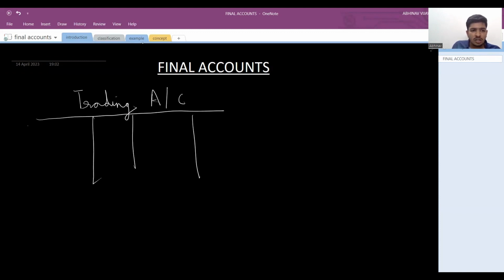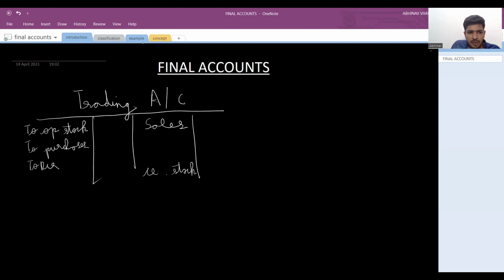So in the trading account, this is the format. Here there'll be opening stock. Then you'll have closing stock here. Then all your purchases will be mentioned here. Then your sales will come here. Then your direct expenses will be here.